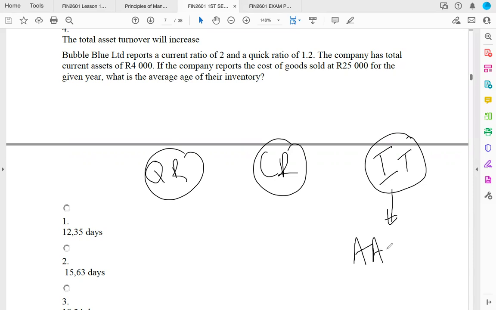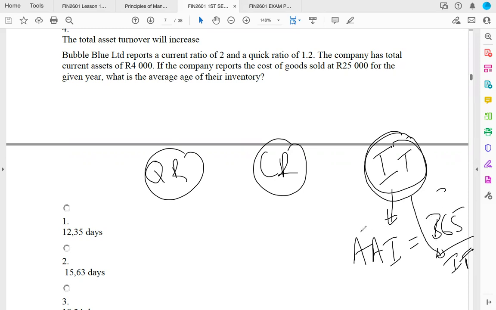Remember, the average age of inventory is simply equal to 365 divided by the inventory turnover. So we need to calculate our inventory turnover, then say 365 divided by that inventory turnover, and that will give us the average age of inventory.